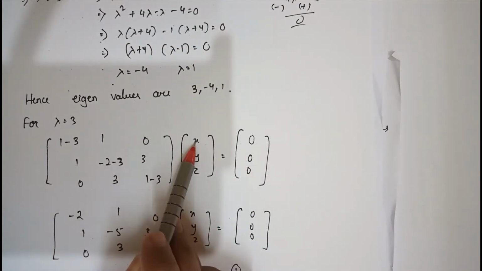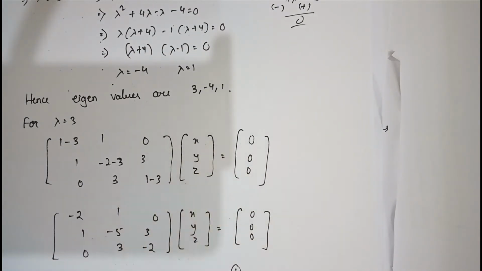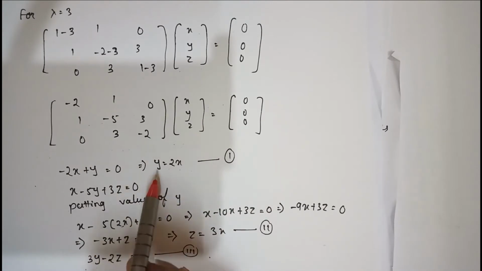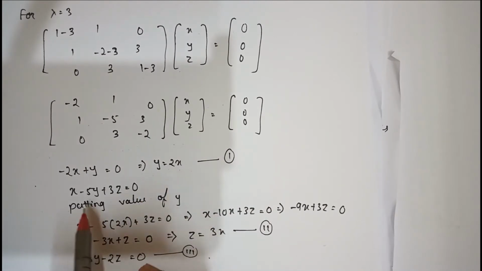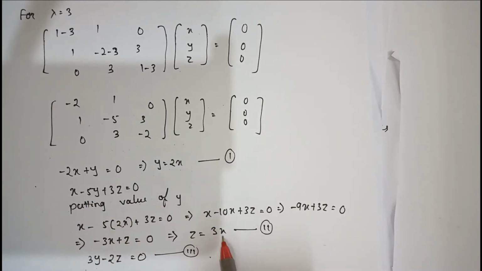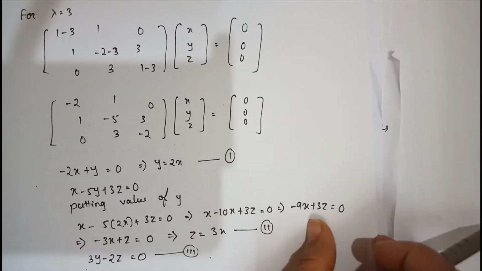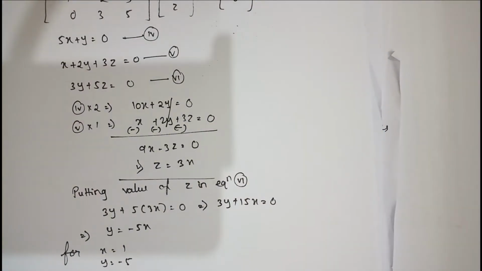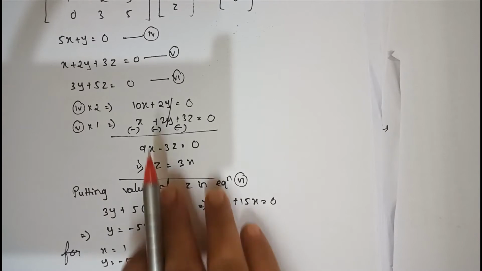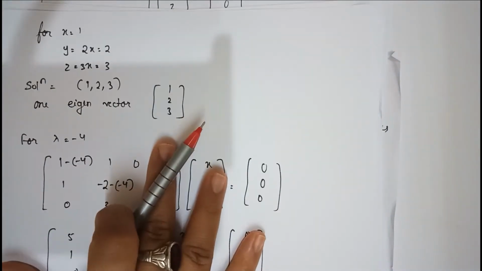Here 3 variables are there, right? So I found the equations like this: y equals 2x, and this is the second equation, where I put the value of y here. Z equals 3x, and 3y minus 2z equals 0. Again they are dependent.